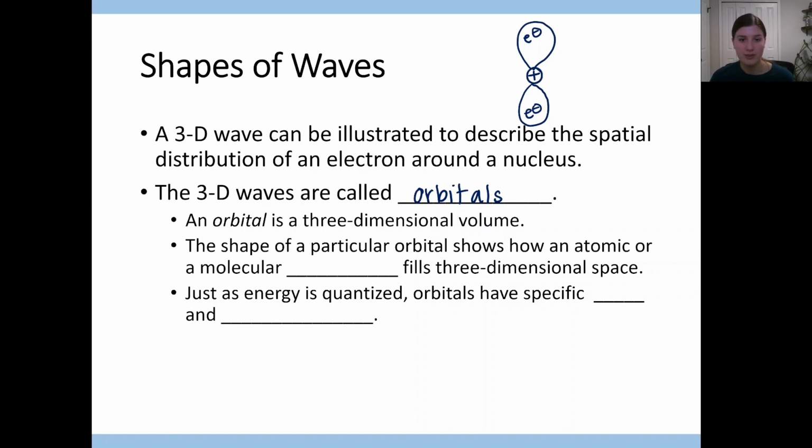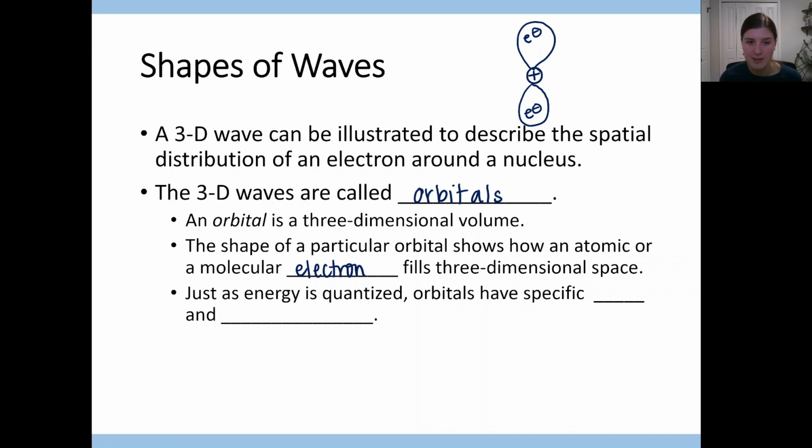So it's a three-dimensional volume, and the shape of a particular orbital shows how an atomic or molecular electron fills three-dimensional space. An atomic electron, if you're just looking at an individual atom, is an electron on that atom.